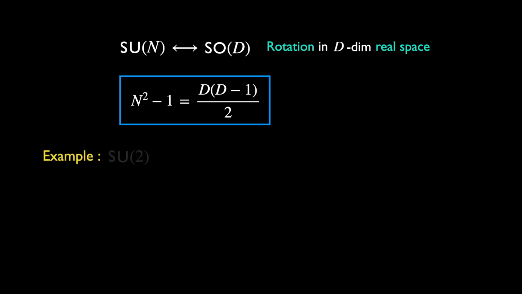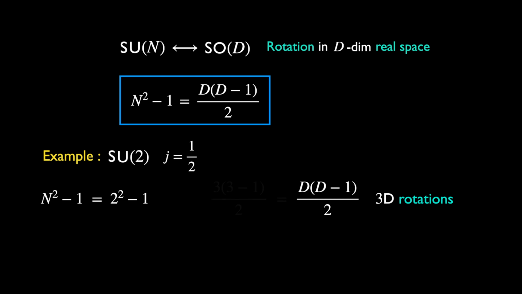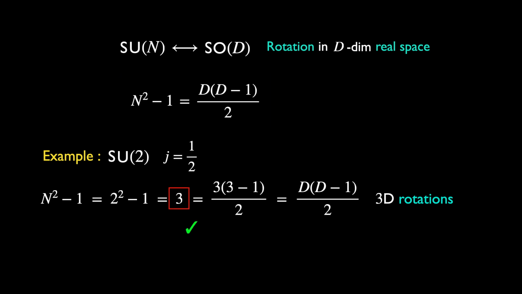If we just take SU2 as an example in relation to SO3, setting n equals 2 and d equals 3 in the equation, this equation is satisfied perfectly. This is a beautiful result, since this means it is possible to rotate any state in the spin-half two-level state space into any other state in the same space.